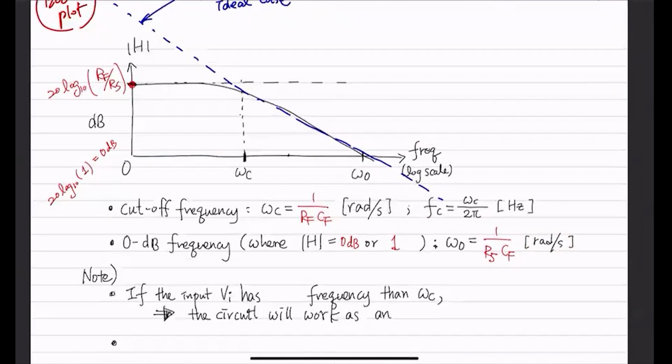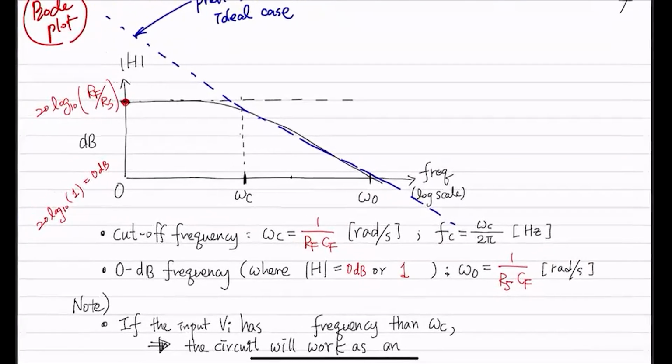So then let's talk about the meaning of these two. The cutoff frequency is the same as our previous RC circuit. It's when it starts to bend down, okay? And this 0 dB thing means it's when the frequency has the input to output ratio that is 1. So H magnitude is V out over V in, right?